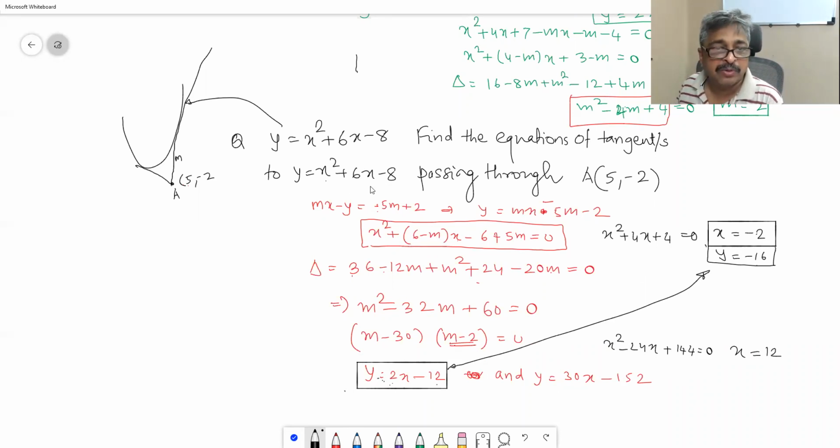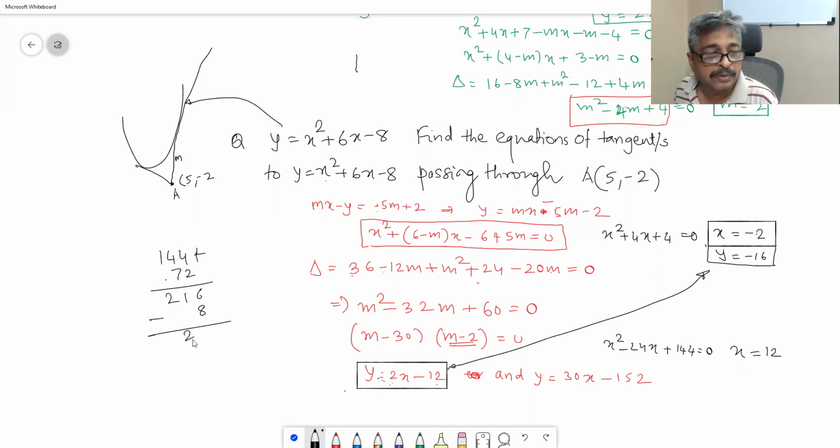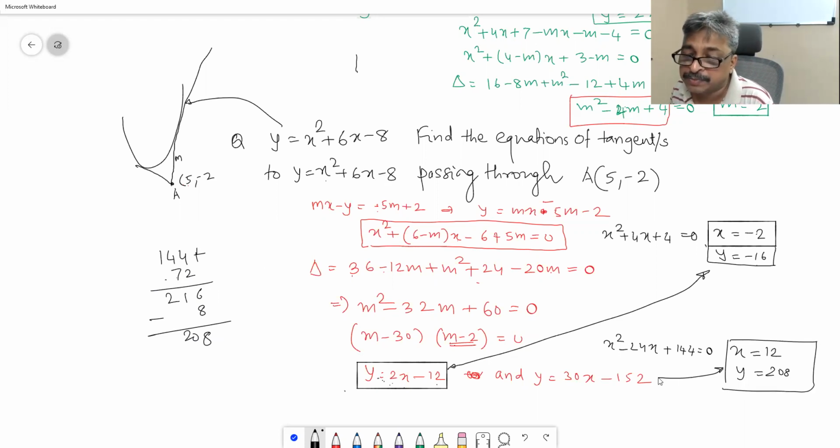If x is equal to 12, 144 plus 72, that is 216 minus 8, 208. x is equal to 12, y is equal to 208. This is another point of contact of this tangent.